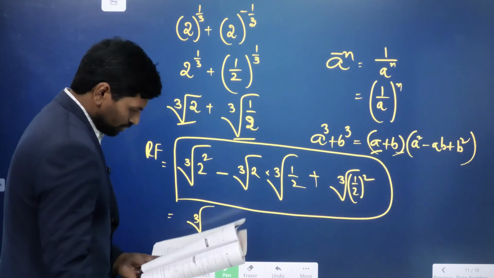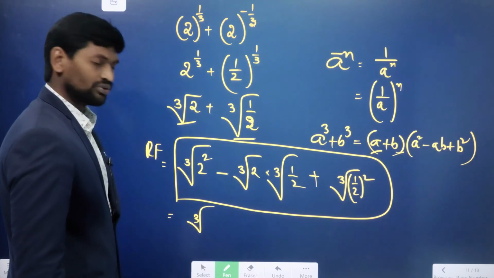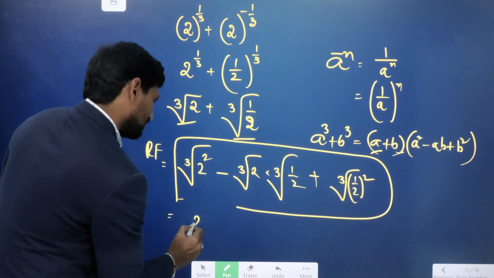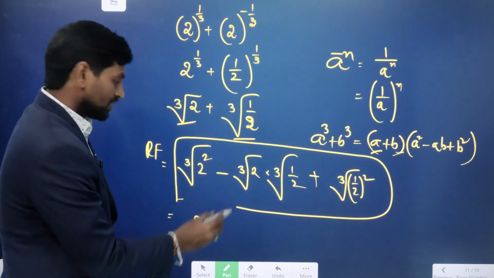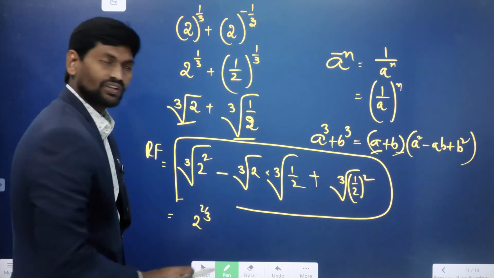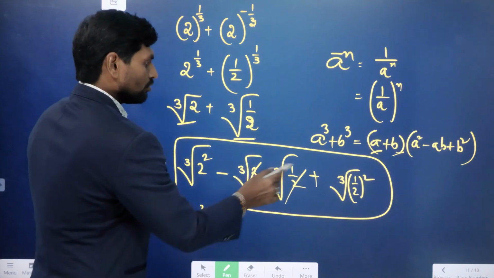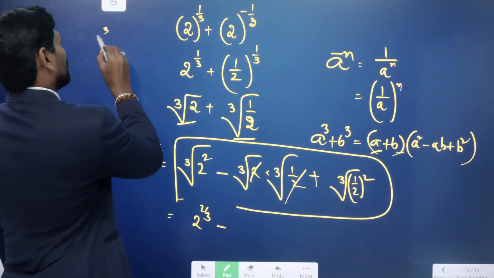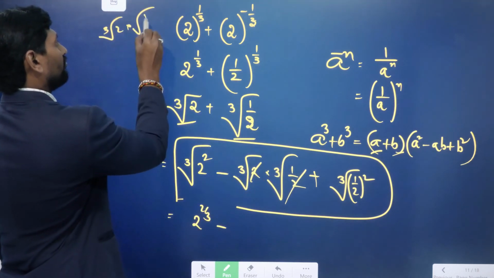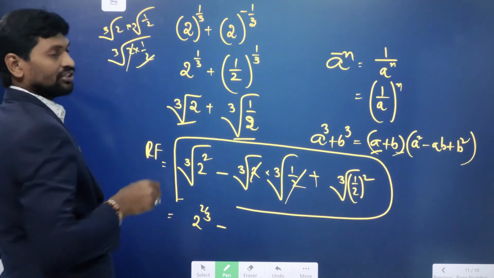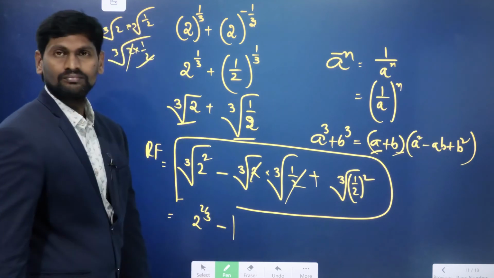Cube root 2 whole square we can write as 2 power 1 by 3 whole square, which means 2 power 2 by 3. Now in this one the numerator and denominator cancel, so cube root of 1 will be there, because cube root of 2 into cube root of 1 by 2, with the 2s cancelling, is cube root of 1, whose value is 1.